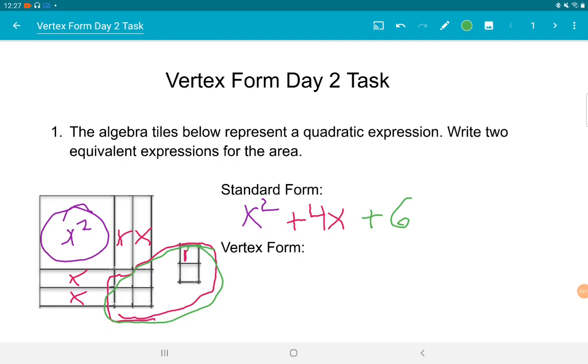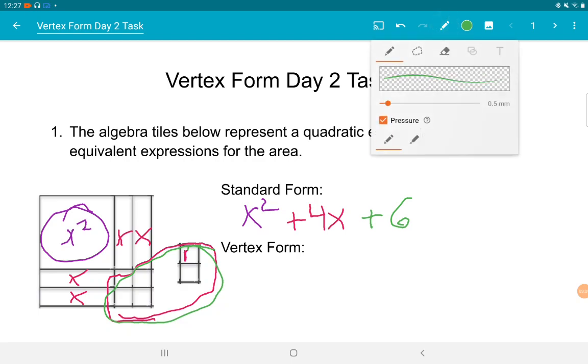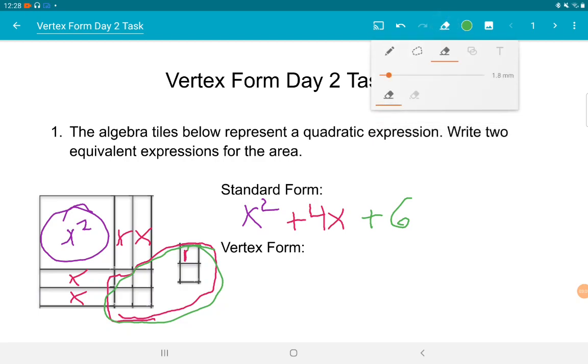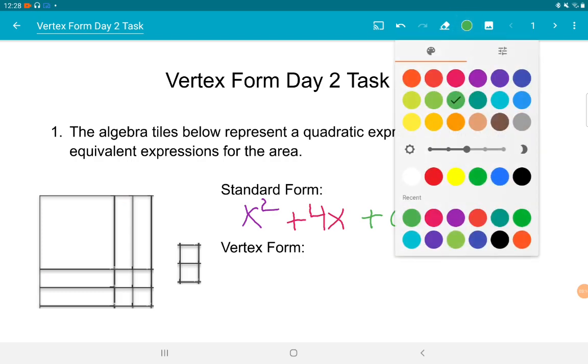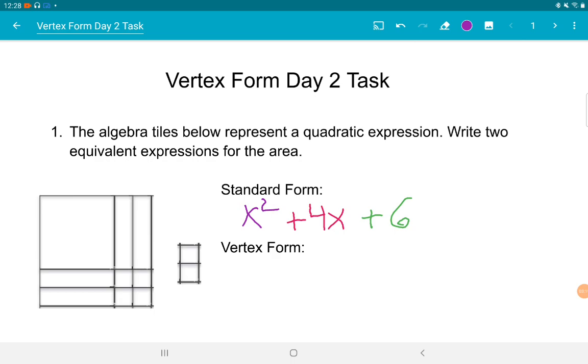Now, the vertex form takes a slightly different approach to writing the equation. The vertex form is looking at this square, and we're finding the area of the whole thing.